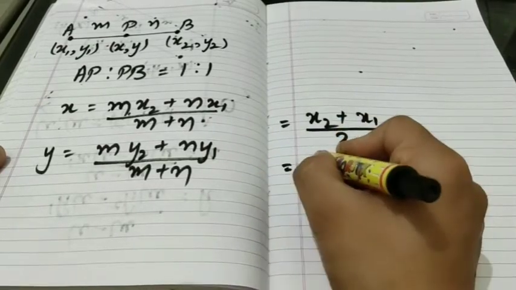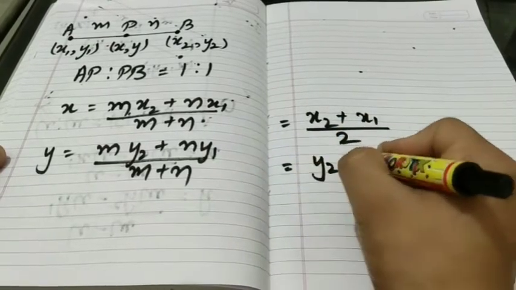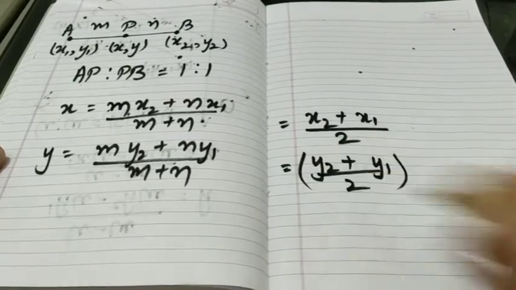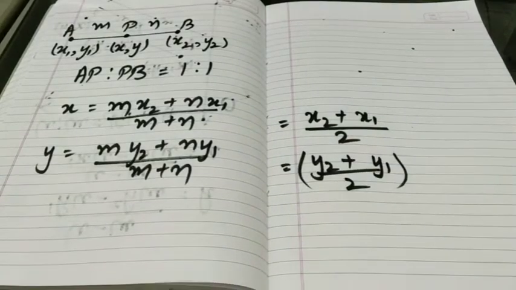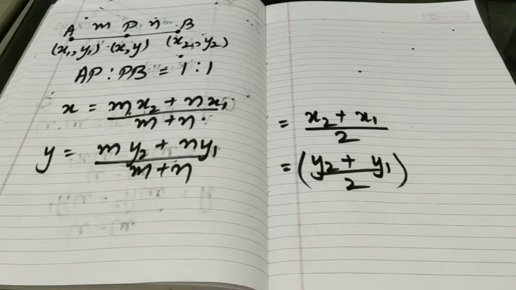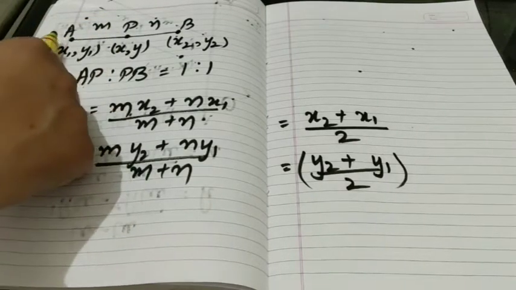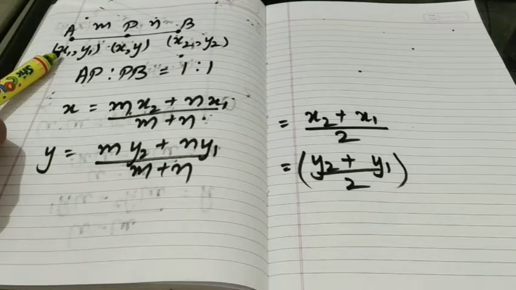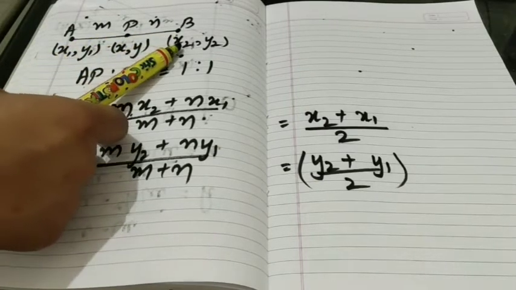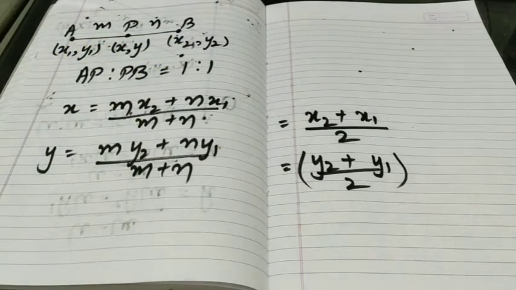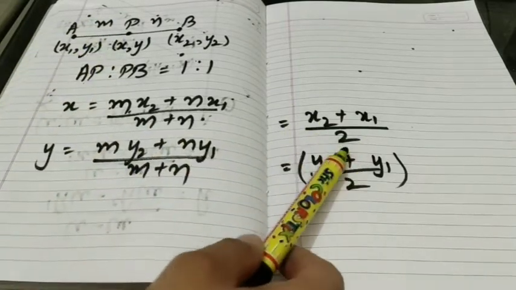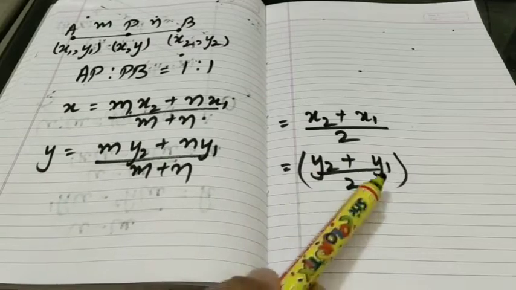In the same way, the y coordinate will become (y2 + y1) divided by 2. So we can say that if P is the midpoint of line segment AB, and the coordinates of point A are (x1, y1) and of point B are (x2, y2), then the coordinates of point P are (x2 + x1)/2 and (y2 + y1)/2.